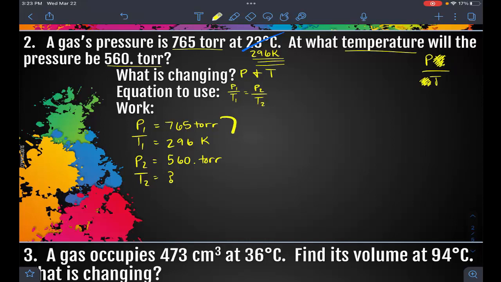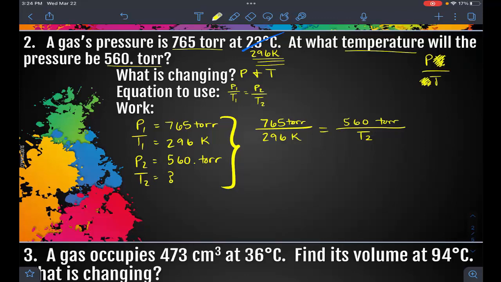Okay, so next I need to substitute. So my pressure is 765 torr over temperature of 296 Kelvin equals, my new pressure is 560 torr divided by T2. T2 is what we don't know.